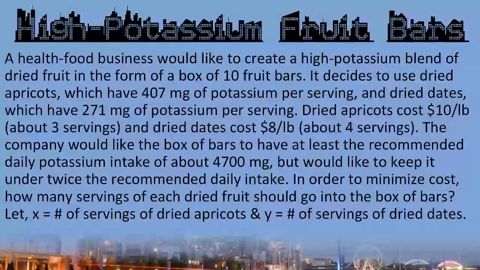In order to minimize costs, how many servings of each dried fruit should go into the box of bars? Let X equal the number of servings of dried apricots that should go into the entire box, and Y equal the number of servings of dried dates that should go into the entire box.